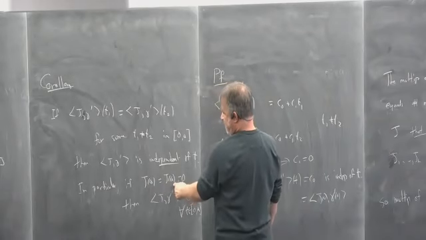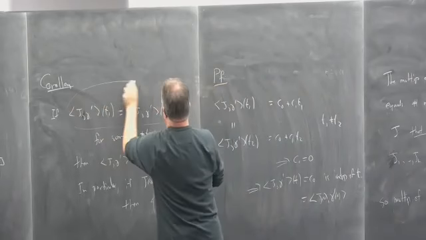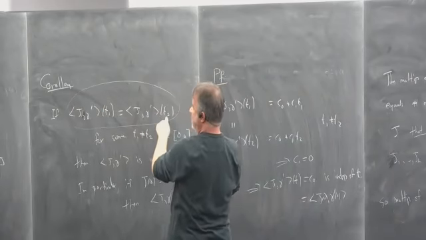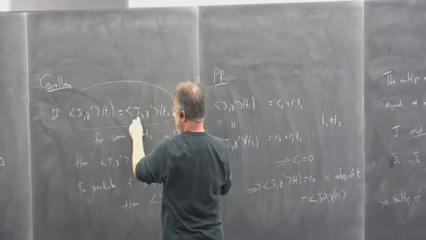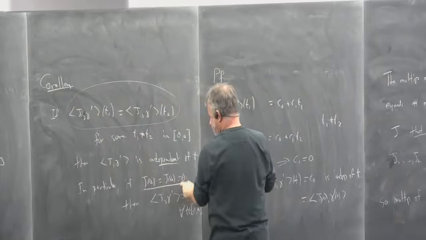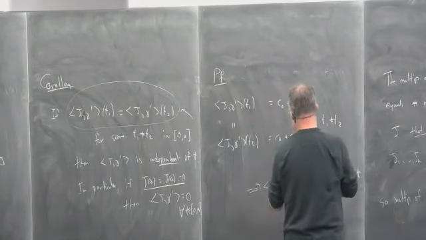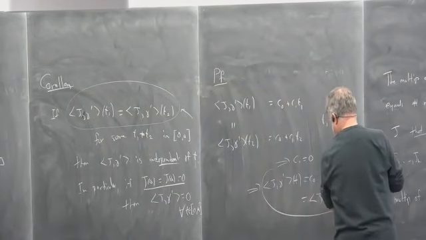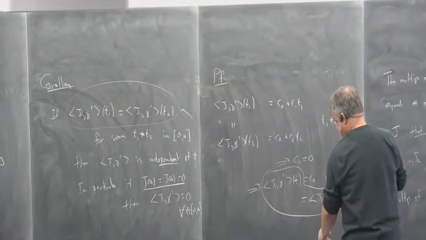If J at time 0 and J at time A are 0, then certainly this holds when I put t1 equal to 0 and t2 equal to A, because J at t1 is 0 and J at t2 is 0. So the hypothesis holds, and therefore this holds for all t, but this is 0.